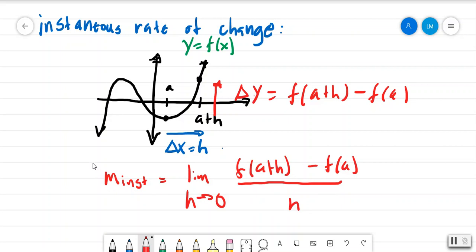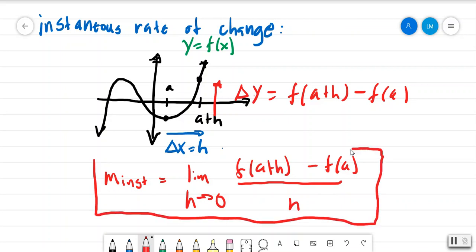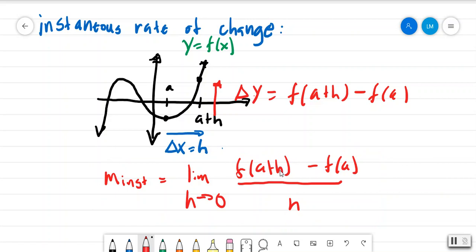So this is going to be your formula as it relates to how do you find the instantaneous rate of change. Well, the answer is that you just use the difference quotient. Yeah, we use the difference quotient. So let me just use this.